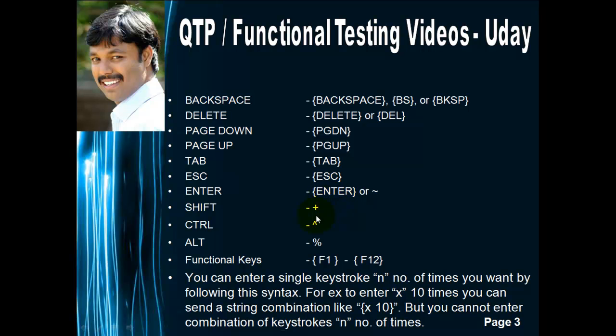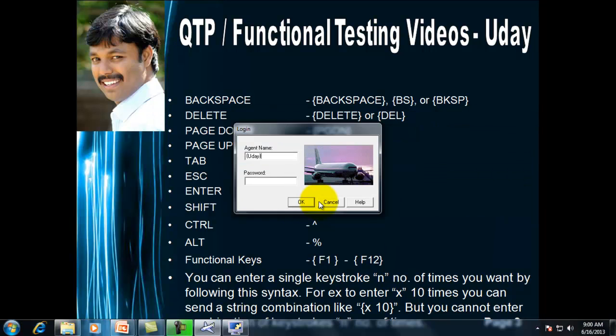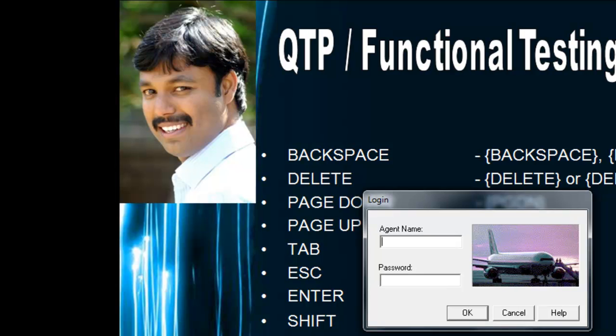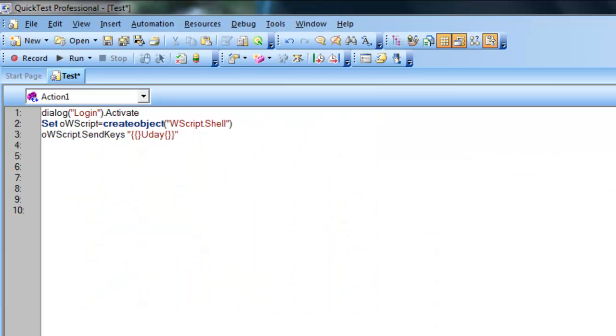In order to press enter, you have to use the entire word, or you can use just this single character. For shift, you have to use the plus sign. Let me demonstrate so that you will get clarity.